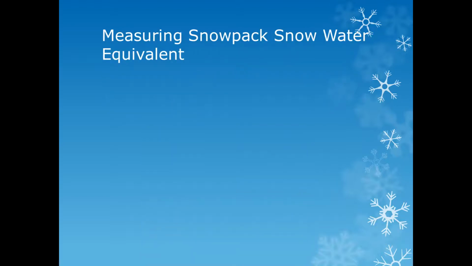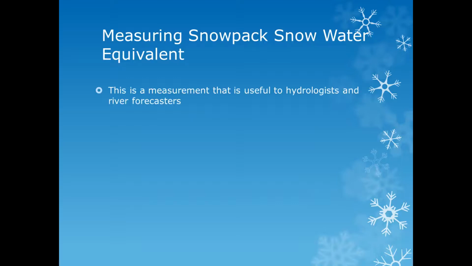So measuring snowpack snow water equivalent is very much the same as measuring the 24-hour SWE, but it's a measurement that's really useful to hydrologists and river forecasters. And it's why we promote what we call SWE Mondays during the winter, to encourage people to take this measurement and report it, because it is used by the National Operational Hydrologic, we call it NORISC.